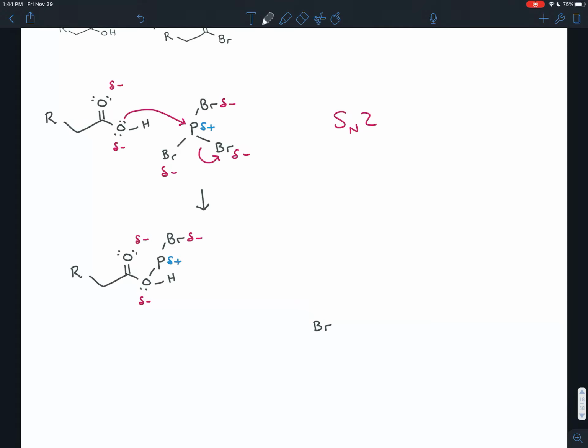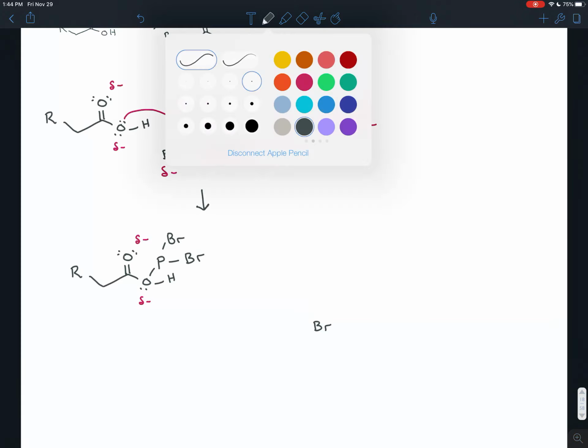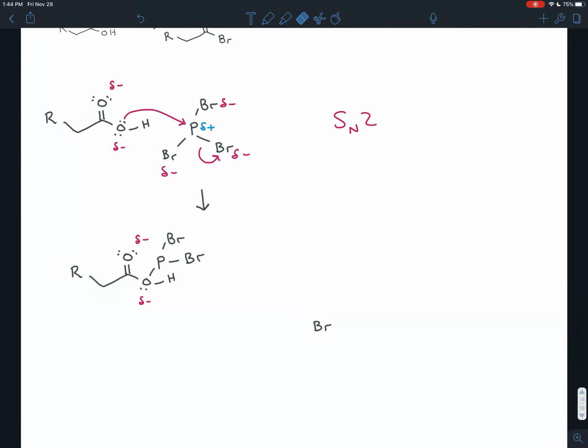It's bonded to the phosphorus, that still has two bromines on it, and it's bonded to the hydrogen and to the carbonyl carbon. Because it has three bonds, that oxygen now has a positive formal charge. An oxygen with a positive charge is a great leaving group.